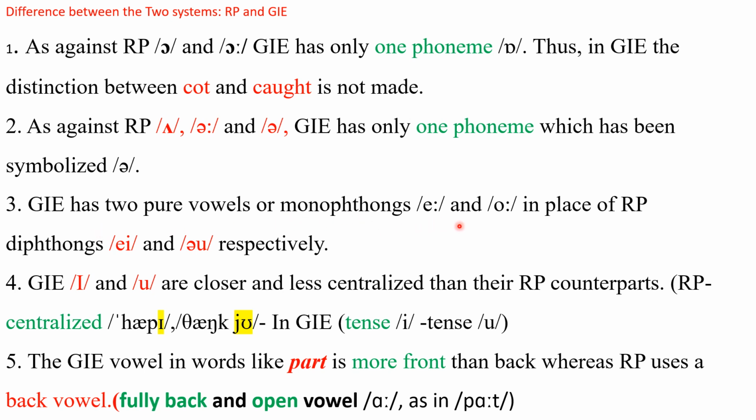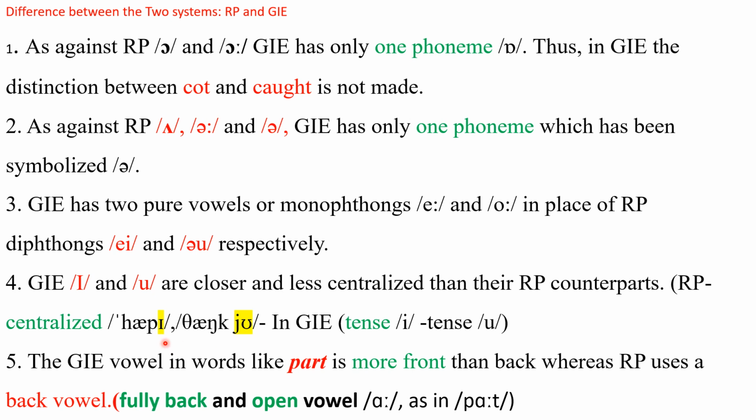So in place of diphthongs, General Indian English has pure vowels, so you have to remember that. Next, the vowels in these are closer and less centralized than their RP counterparts. In RP they are centralized; in GIE they are tense.